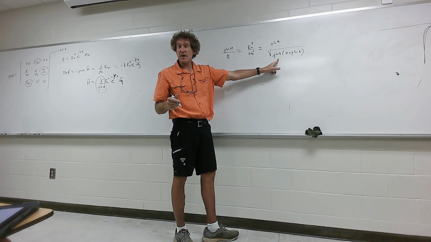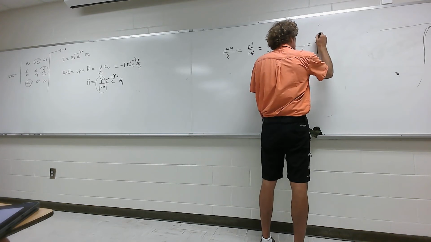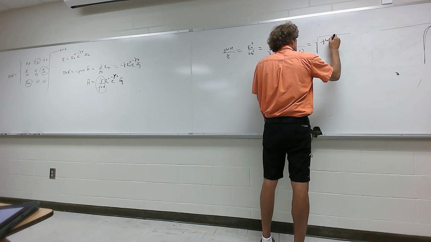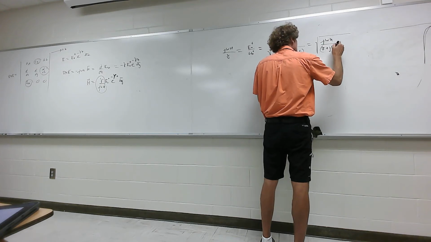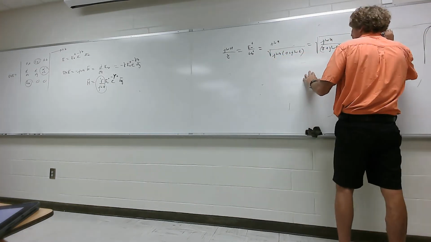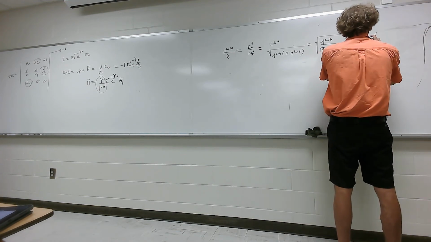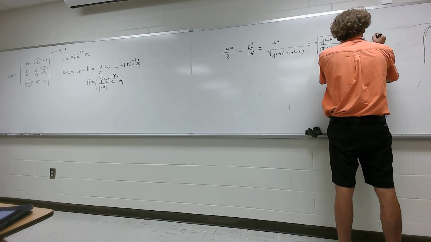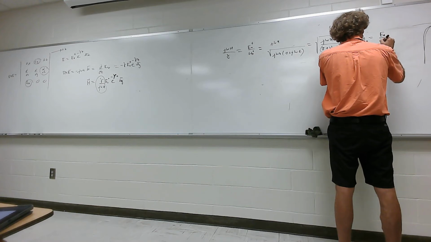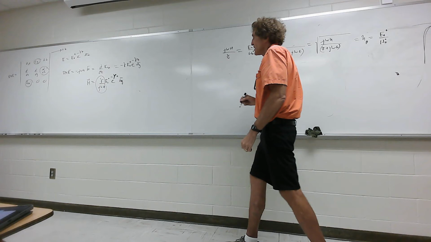Y'all follow me? Make sure you write this down. This means I can simply say the square root of j omega mu over sigma plus j omega epsilon. And we call that the intrinsic impedance of the media, or eta naught. You can call it just eta, call it eta naught for now. Eta naught is really a ratio of the electric field magnitude over the magnetic field magnitude in the media.